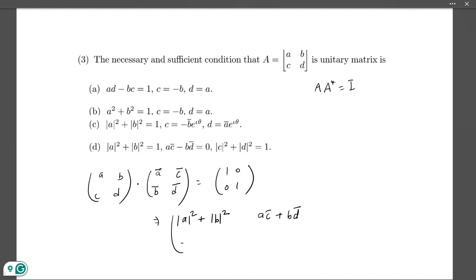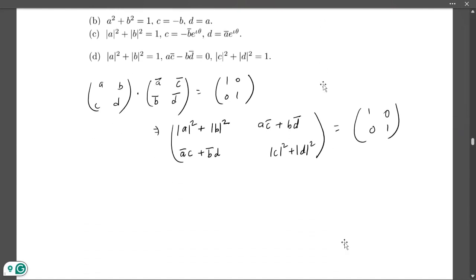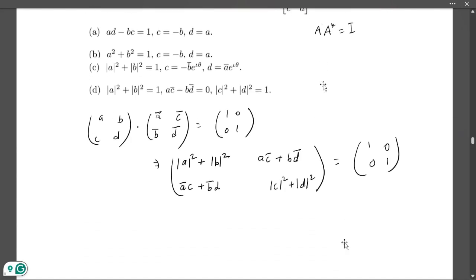And here we have A bar C plus B bar D. Here we have norm C square plus norm D square. So here we have 1, 0, 0, 1, the identity matrix. Now we should check, is the first enough?